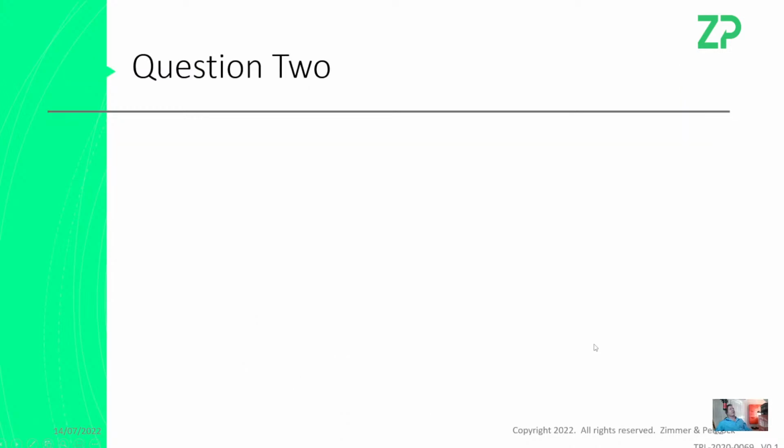Now, I've touched upon this in the bioreactor question, and now I'm touching upon it in this hydrogen peroxide generation question, which is, we do have these sensors, and at Zimmer Peacock, we've spent a lot of time putting them into these aqueous environments, these water environments, and we end up doing a lot of potting.